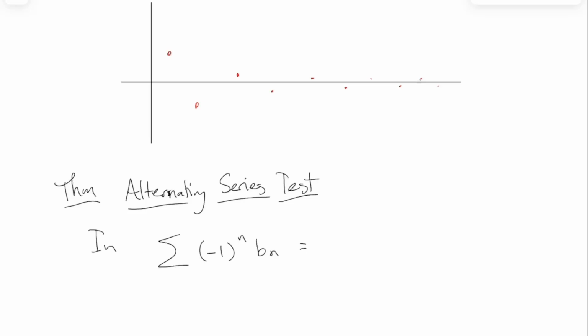It says, in this alternating series, if I have something that looks like minus 1 to the n times b_n, and actually, I'm going to change this to minus 1 to the n minus 1.